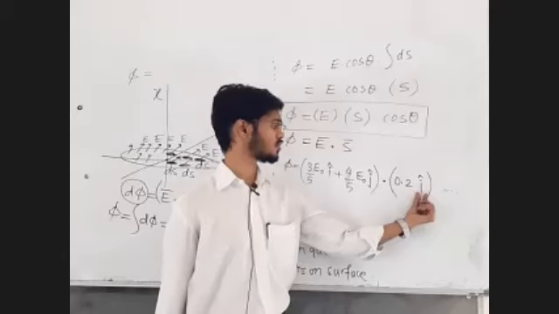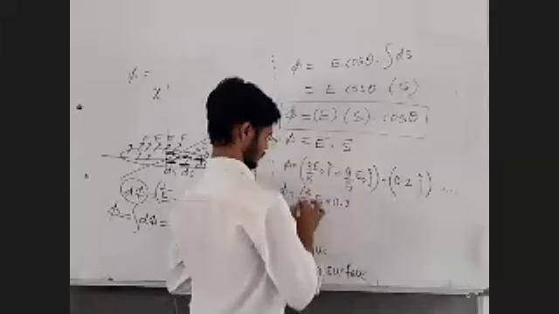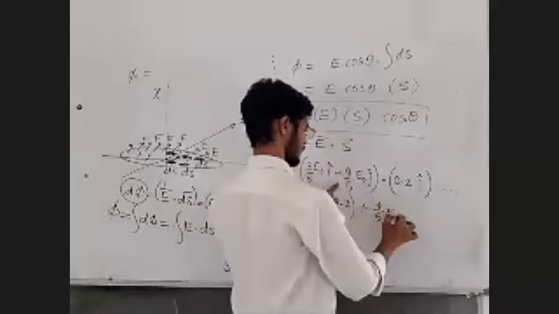Now take the dot product: multiplication of coefficient of i, plus multiplication of coefficient of j, plus multiplication of coefficient of k.